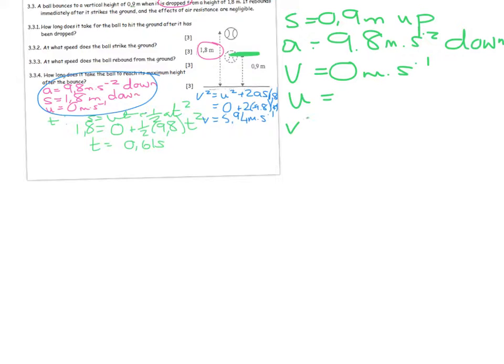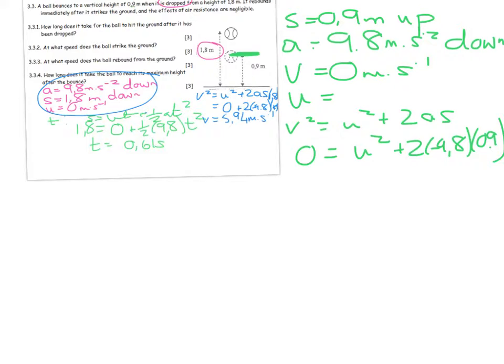So I'm going to go v squared equals u squared plus 2as. And I land up with 0 is equal to, I don't know the initial velocity of that bounce, 9,8 down and 0,9 up. One of those has to be in the opposite direction, and my initial velocity will turn out to be 4,2 meters per second.